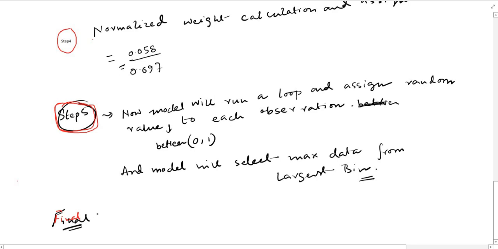Now we are going for the final prediction. Let's consider we got a test data which is less than or equal to 60k, comma, credit score good.